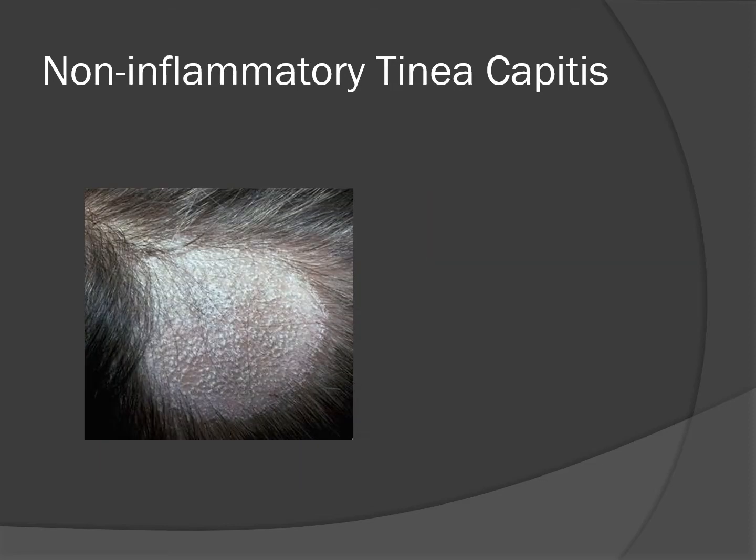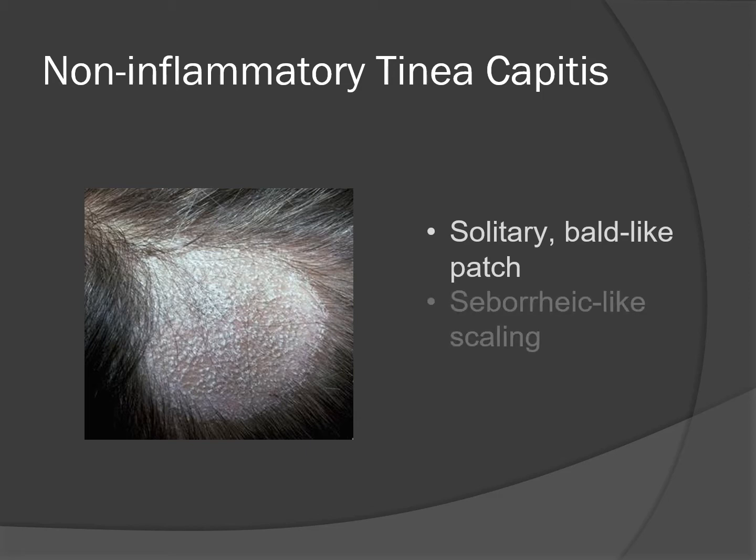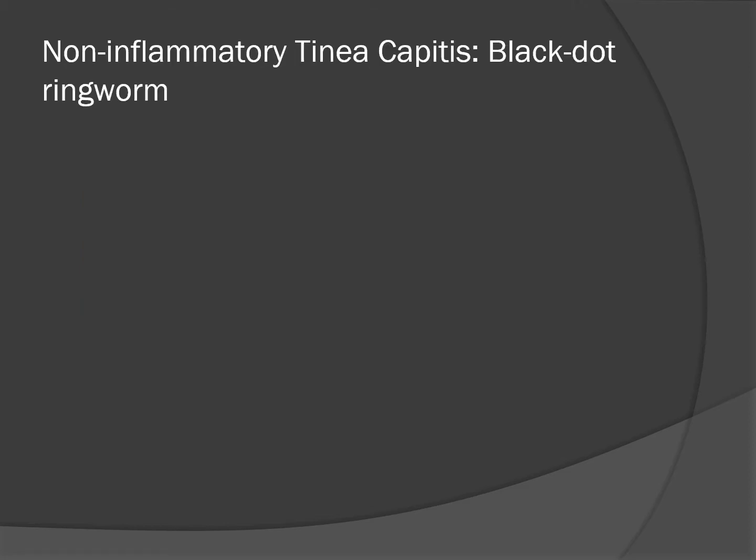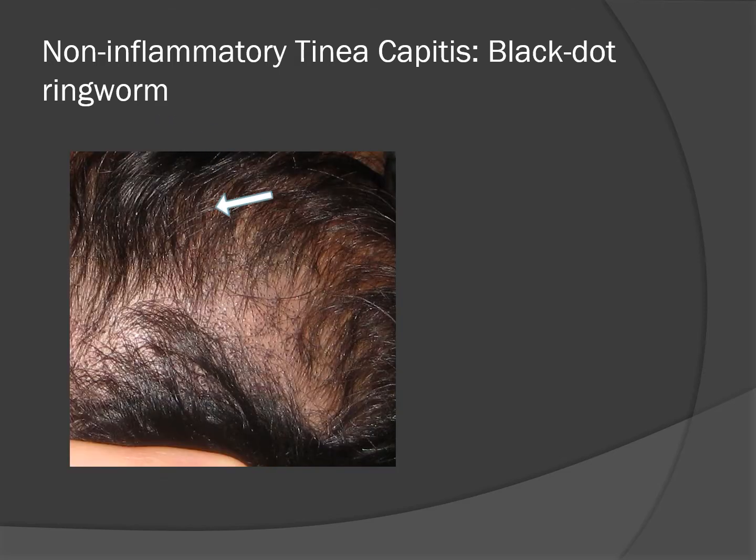The characteristic lesion of non-inflammatory Tinea Capitis presents as a solitary, bald-like patch with seborrheic-like scaling and broken off hairs within due to the invasion of the fungi into the hair shafts, which makes them break off. There is a special type of non-inflammatory Tinea Capitis known as black dot ringworm.